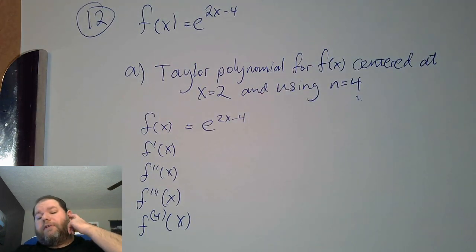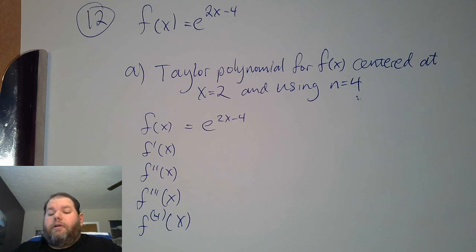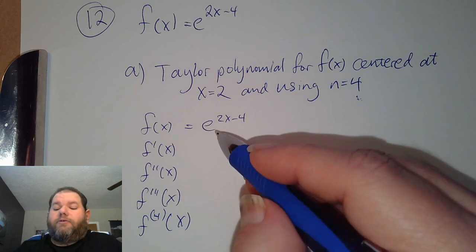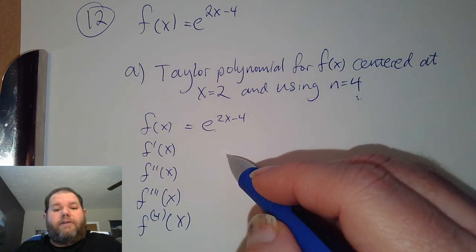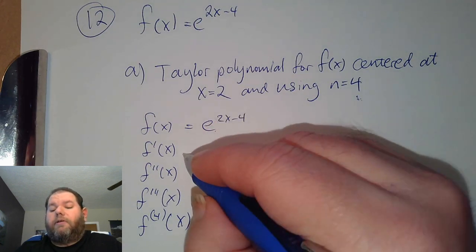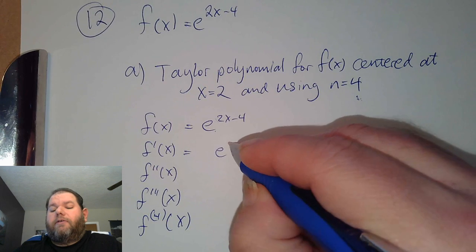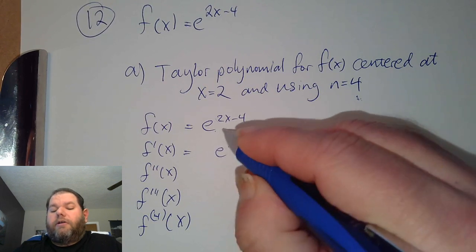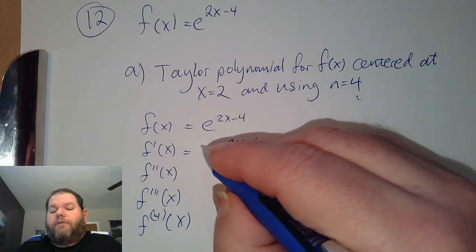Alright, so f of x is e to the 2x minus 4. Now, when we take the derivative, f prime of x, remember with exponentials, the exponential part stays the same, and we multiply by the derivative of the exponent. So we keep e to the 2x minus 4, and the derivative of 2x minus 4 is 2.